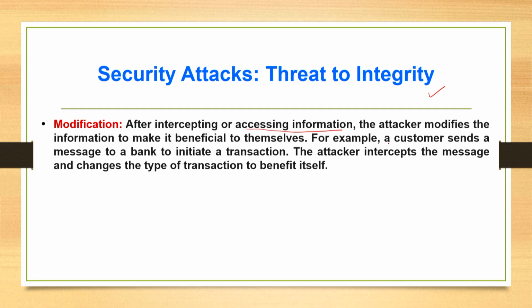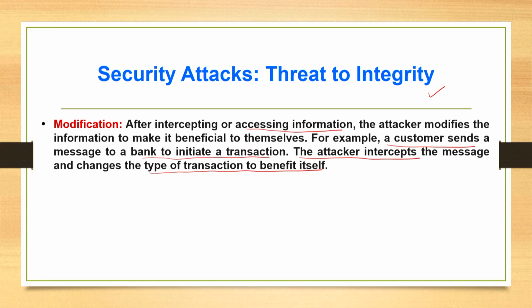For example, a customer sends a message to a bank to initiate a transaction. If the attacker intercepts that message, they can modify it and change the type of transaction to benefit themselves. So it is very dangerous while dealing with financial data.